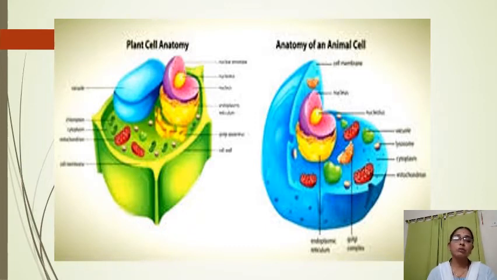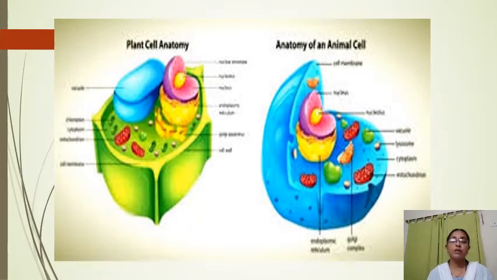Plant cells also have big vacuoles. A vacuole is a big bag, which is filled either with water or some other substance. Animal cells don't have vacuoles, or if they have, they are very small. All other cell organelles are the same for both plant and animal cells.